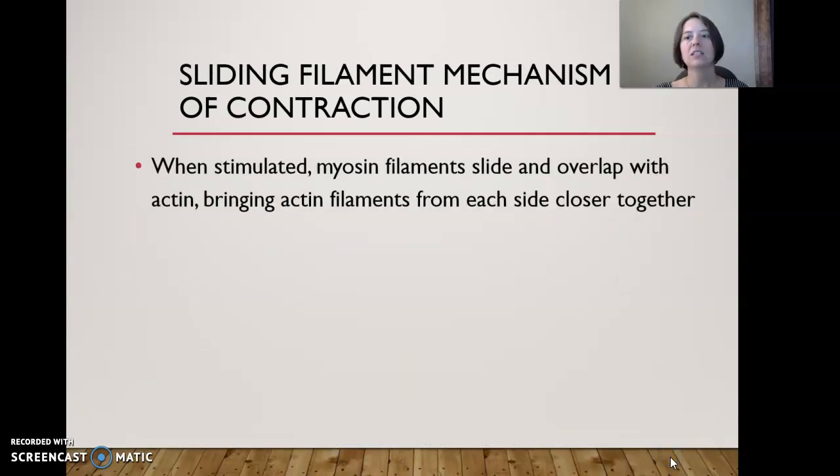So when it's stimulated, and we just talked about how that happens with the neurotransmitter and the action potential on the muscle cell membrane, the myosin filaments slide and overlap with the actin filaments, bringing the actin filaments from each side closer together. So myosin would be connected to the actin on this side, and then another one on this side, and so then it brings, I don't have enough hands, these two closer together.